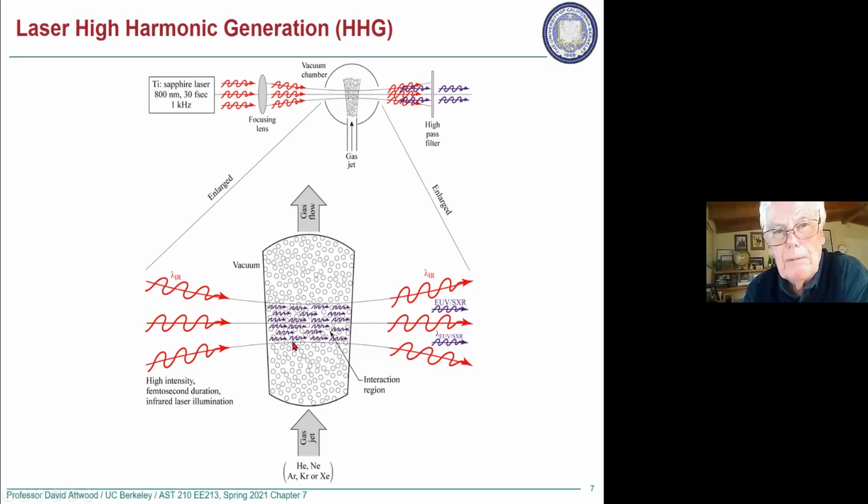And also, a very interesting one is a phase shift. It's just true that the phase velocity of the infrared light, how fast it's moving through this region, there is some phase velocity for 800 nanometers.